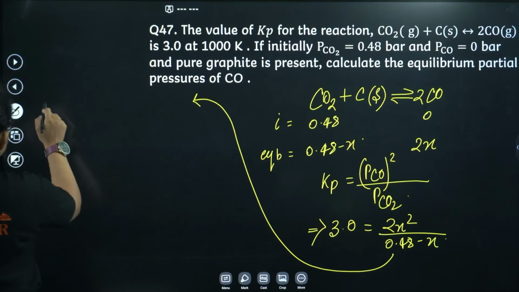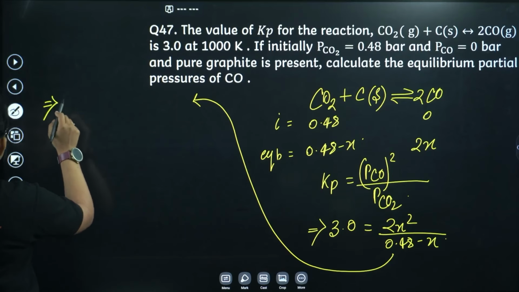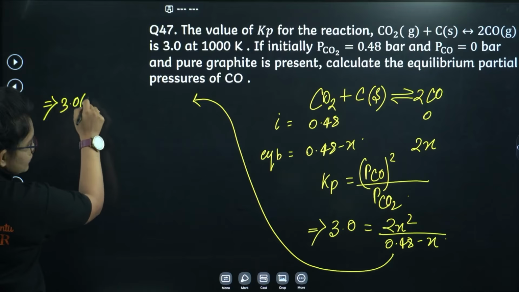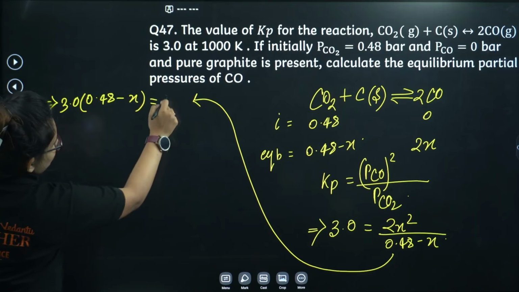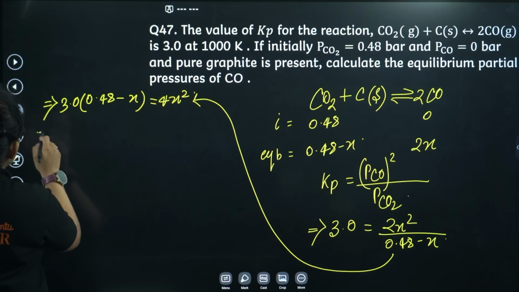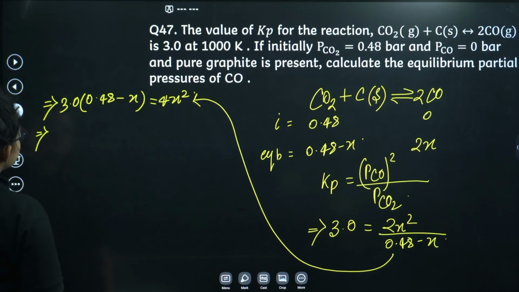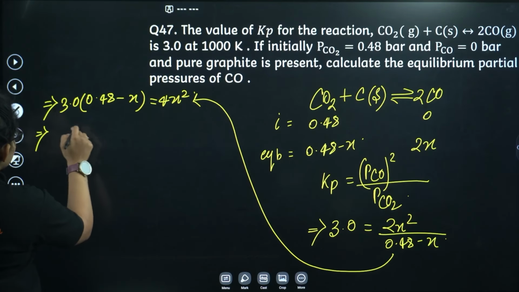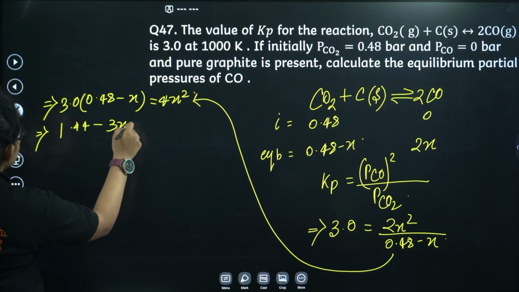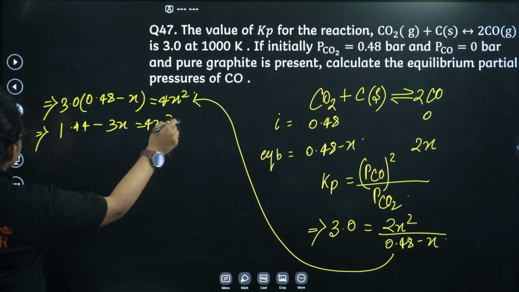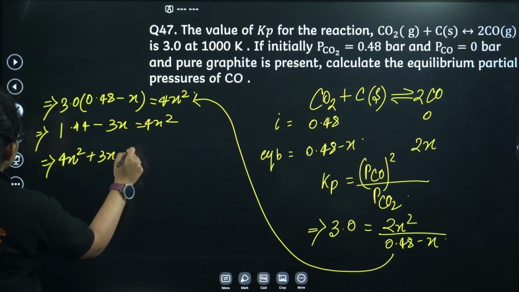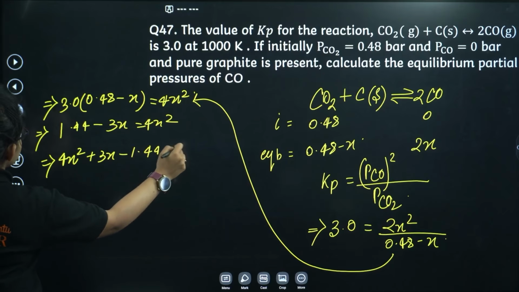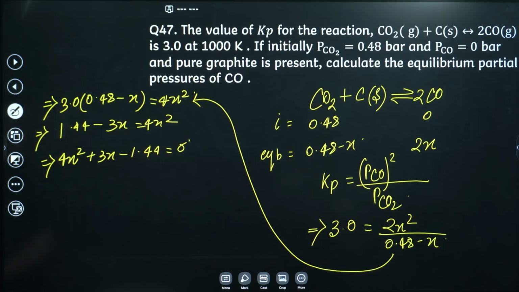From here I am getting a quadratic equation. 3.0 into (0.48 minus x) equals 4x square. Calculating this, 1.44 minus 3x equals 4x square. From here, 4x square plus 3x minus 1.44 equals 0. So I'm ending up with a quadratic equation.